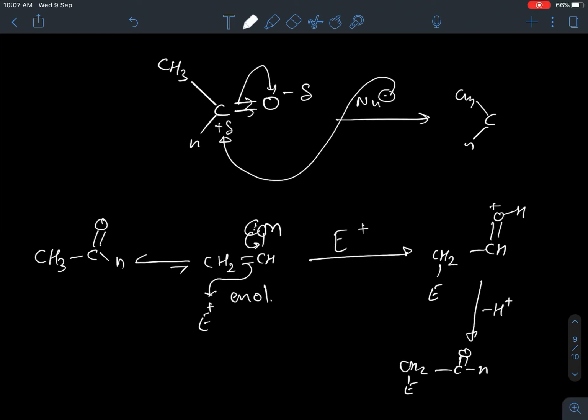CH3CHO minus and here nucleophile. Look at this tetrahedral species. Now this O negative, depending on the medium, it can take up H plus ion. So nucleophilic attack is also possible, electrophilic attack is also possible.